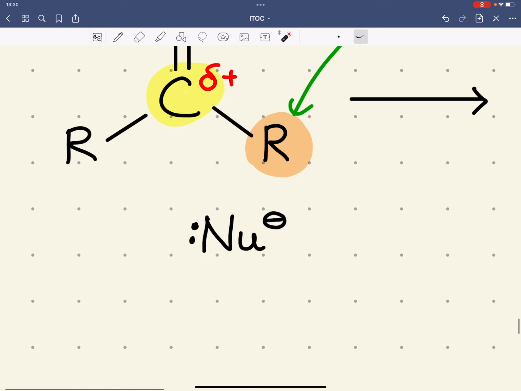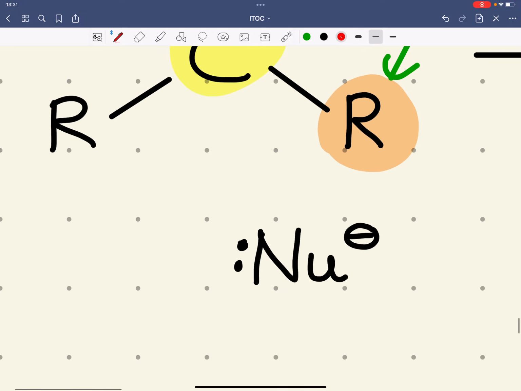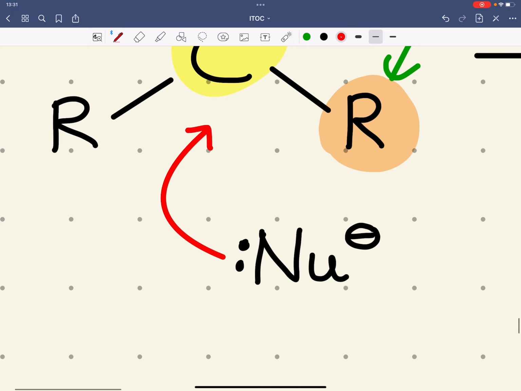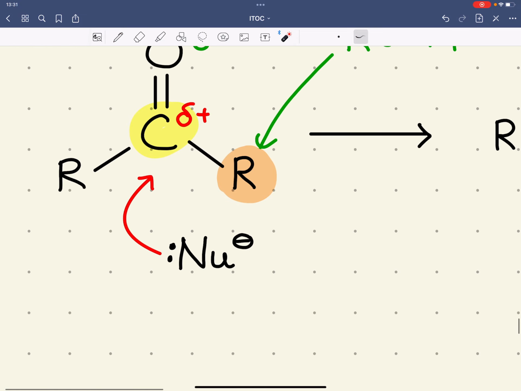This nucleophile could be neutral, at which point the mechanism will be slightly different to the one I'm going to show you. But the first initial step is pretty much always the same, and it's the nucleophile forming a new nucleophile-carbon bond. So the lone pair here forms this new bond.